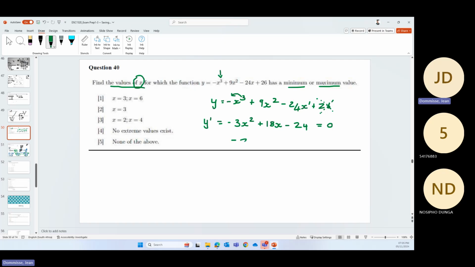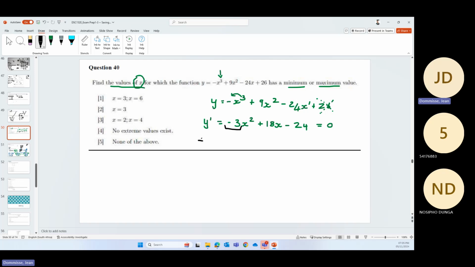So we sit with minus 3x to the power of 2 plus 18x minus 24 equal to 0. The first thing I would do, again, I don't like that there's something in front of the x to the power of 2.